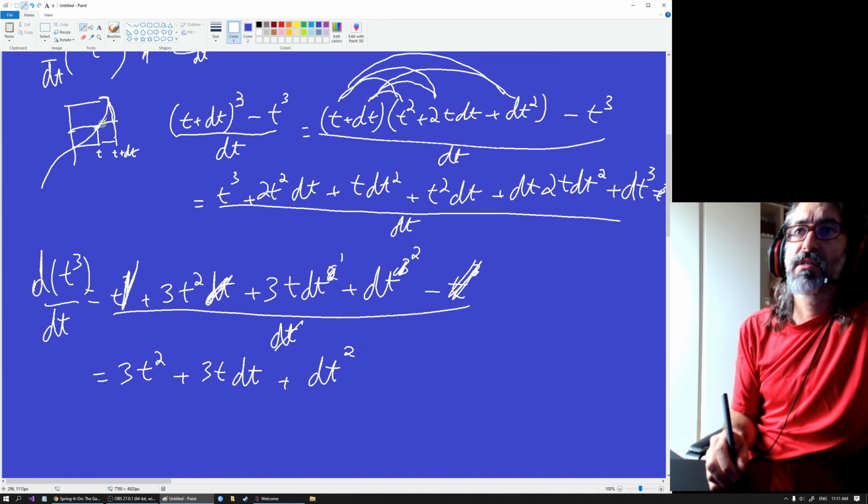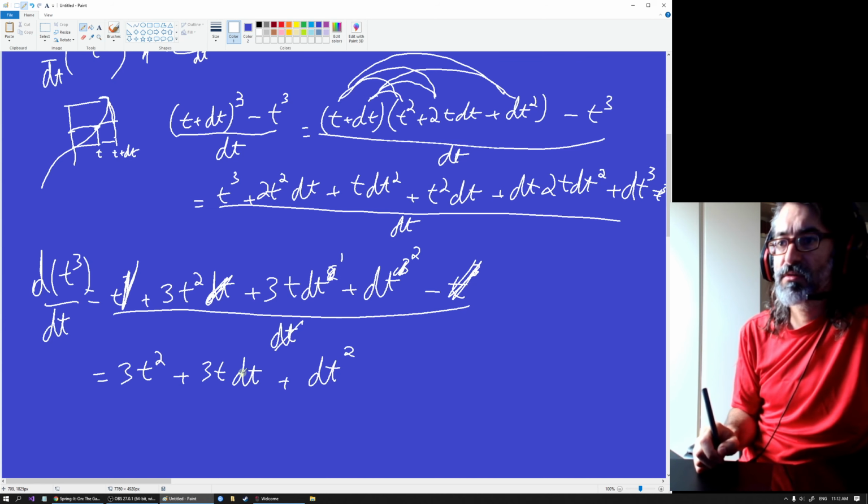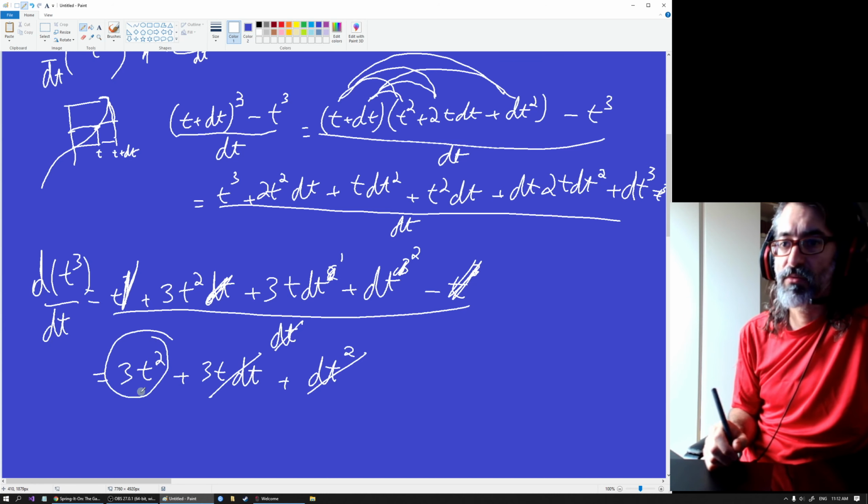And so this is the slope of the cubic function, and we see that when dt goes to 0, these die, and the only one that we stay with is this. So the derivative of the cubic is this.